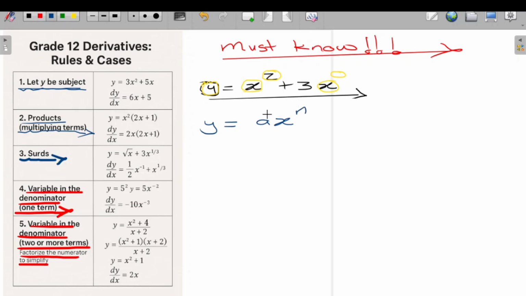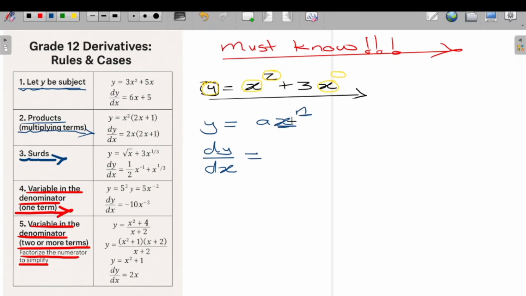When you need the derivative, the derivative will have to be dy over dx. So we are deriving the function of y with respect to x. When we say with respect to x, we look at the exponent of x.